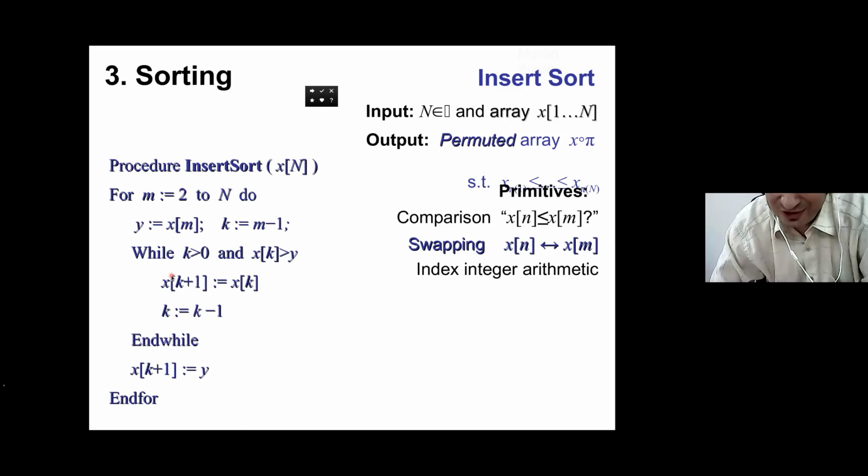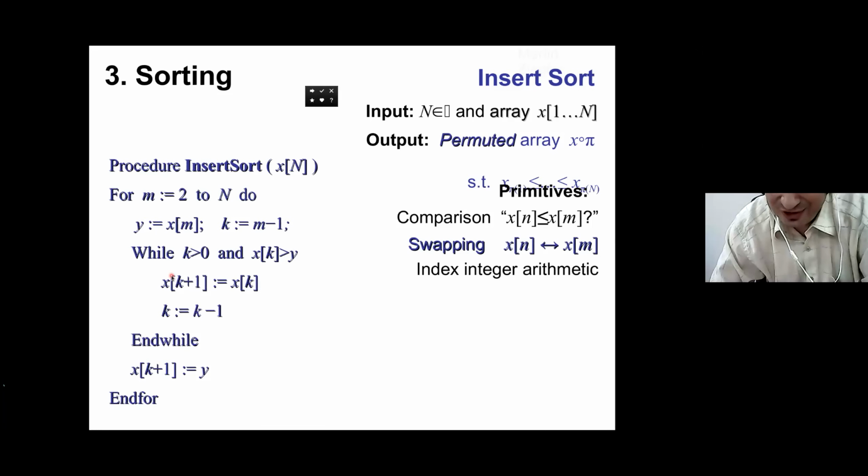The idea of insert sort is that you have a certain number of sorted elements, which are here in black, and you always look at the first element which is not sorted, and then you try to insert this unsorted element between these other elements so that the whole array becomes sorted. So for example, 2 had to be inserted here. Now you take 4, which is the non-sorted element, and you have to insert it here.